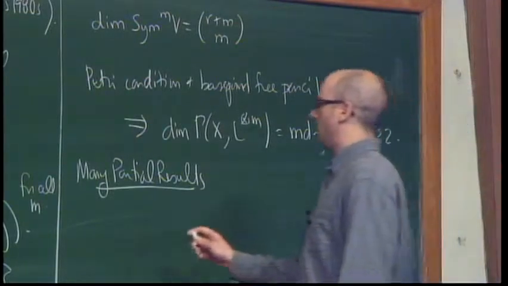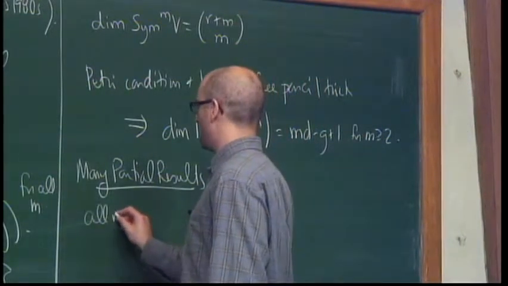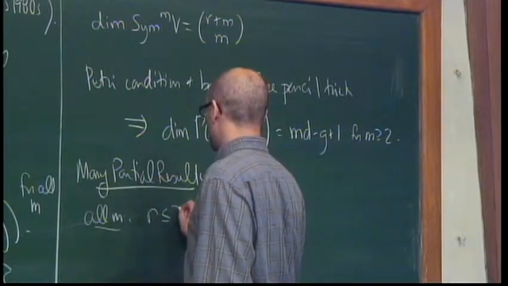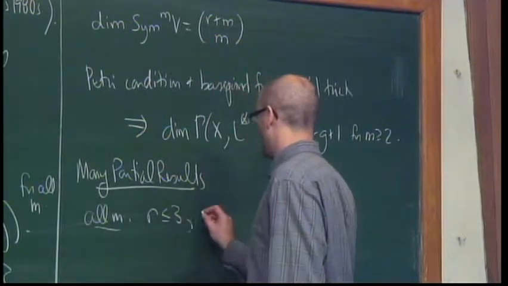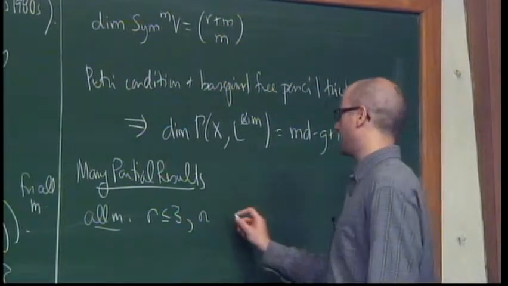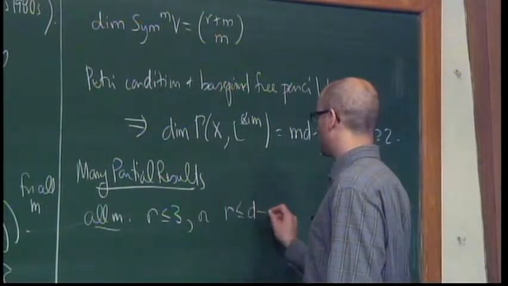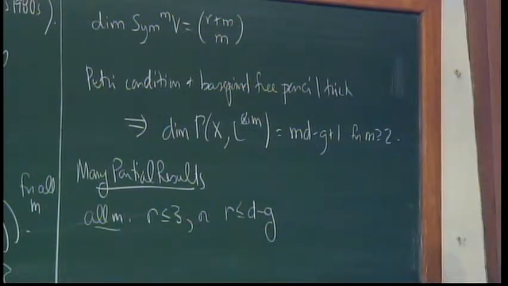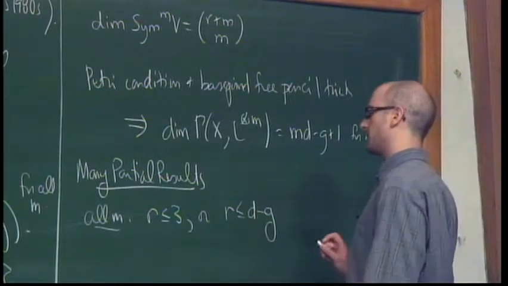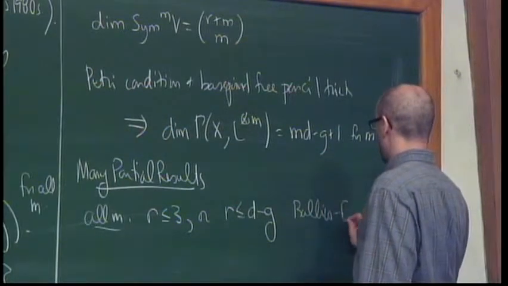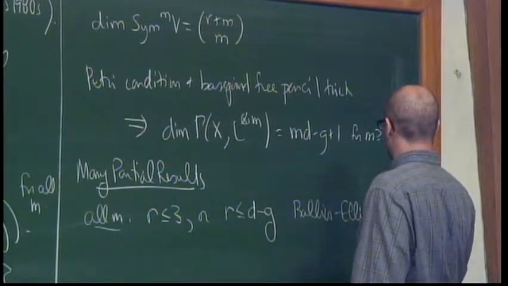So, partial results for all m: it's known when r is less than or equal to 3, or in the non-special case, meaning that the rank is less than or equal to d minus g. So this is the case when the general linear series can be incomplete. And this is work of Ballico and Ellia from the 1980s.